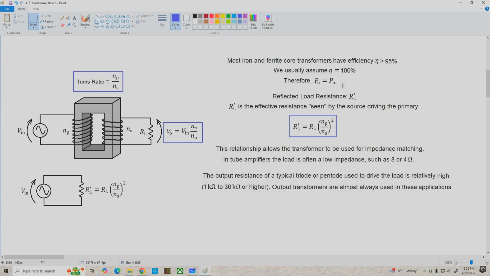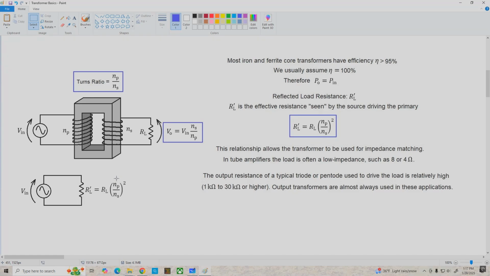Pout equals Pin. Now let's come on over to our transformer representation over here for a second, and notice I've got a load connected to the secondary, and the input source driving the primary actually is going to effectively drive what's called the reflected load resistance R'L. R'L is equal to the actual load resistance times the turns ratio squared.